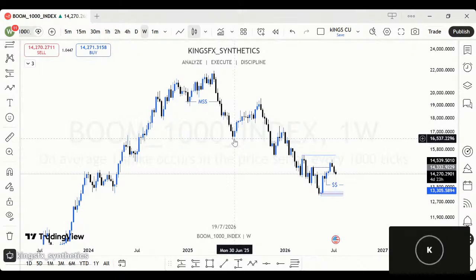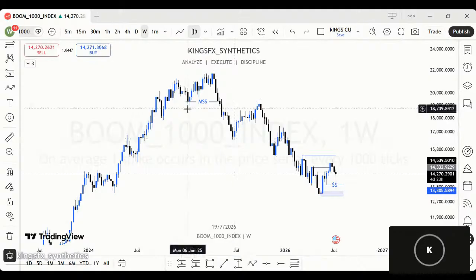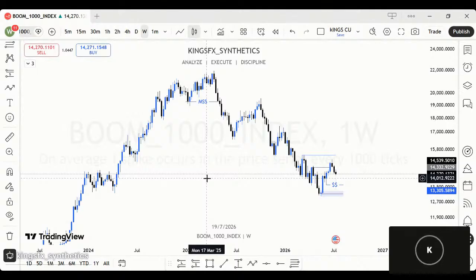Now, when price created a lower low, the next thing I always do in my analysis build up is to use my Fibonacci retracement tool.